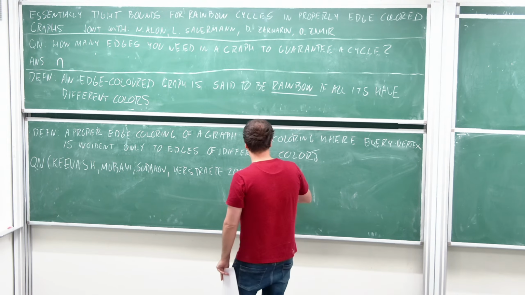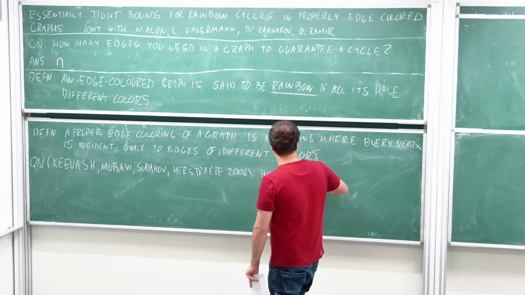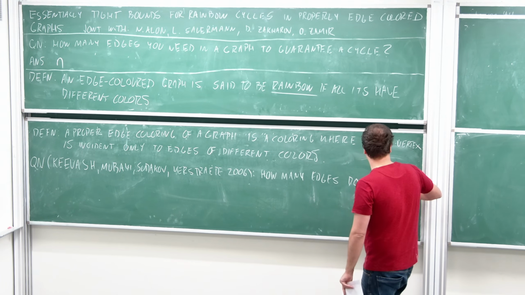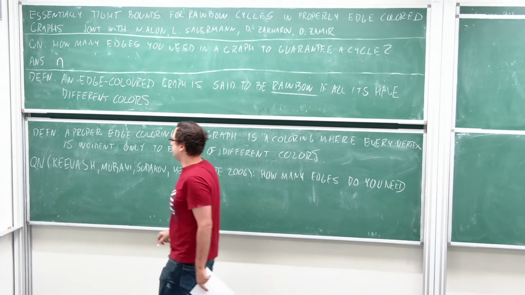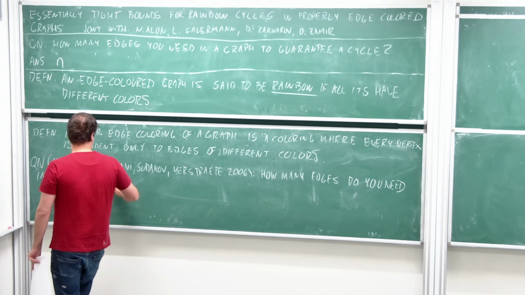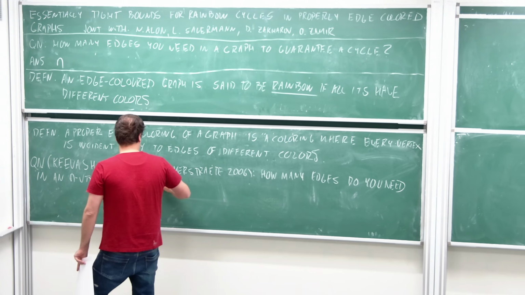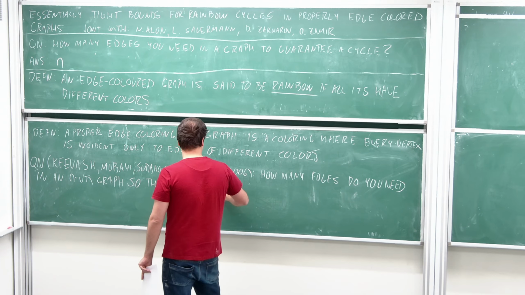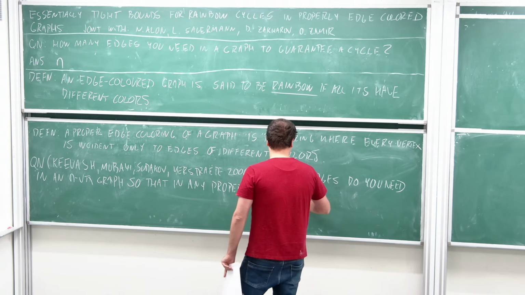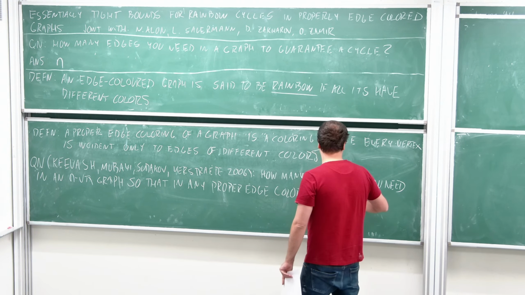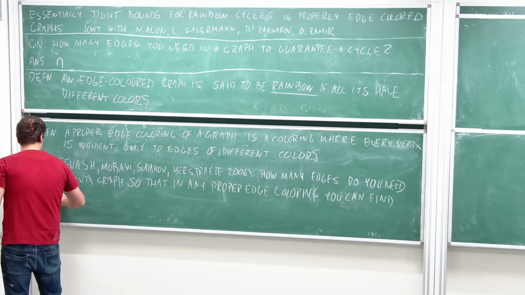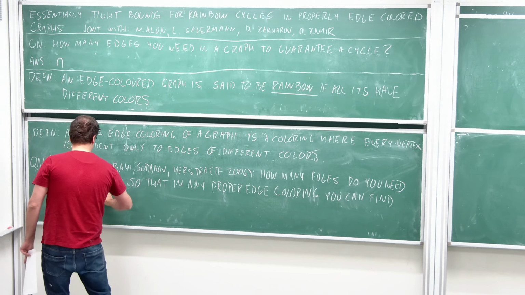So the question that they ask is, how many edges do you need in an n-vertex graph so that in any proper edge coloring you can find a rainbow copy of some structure.